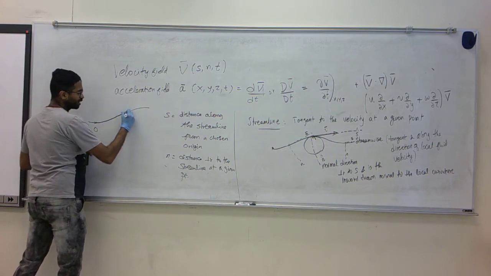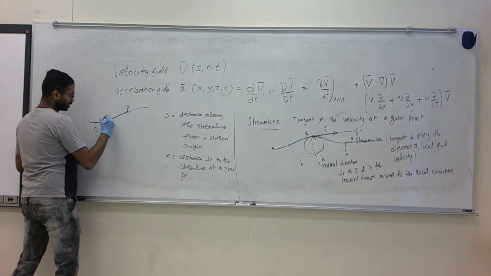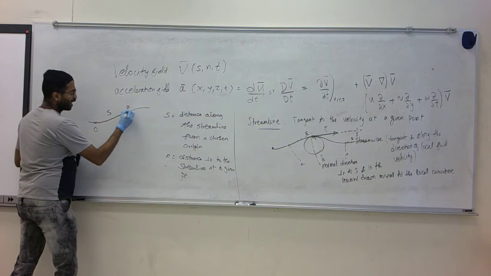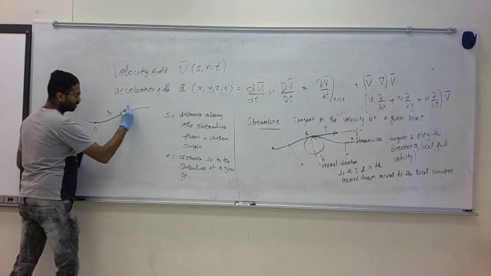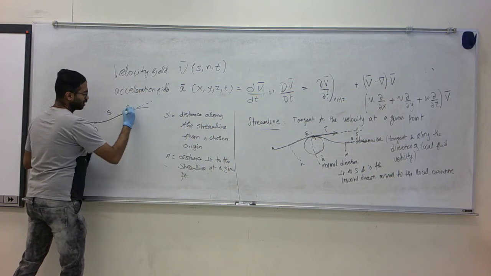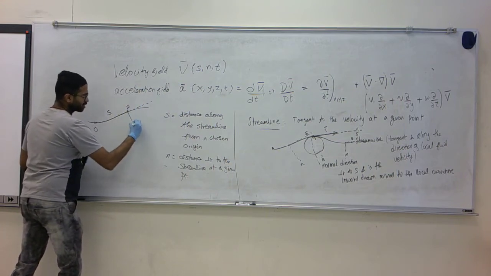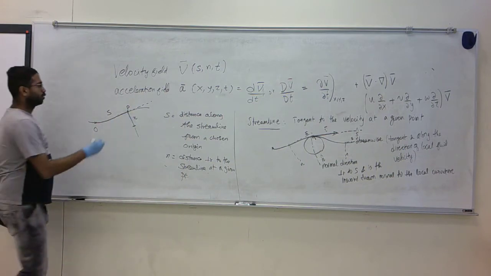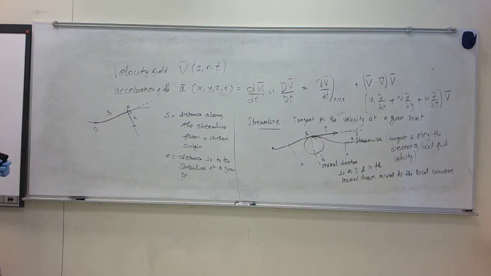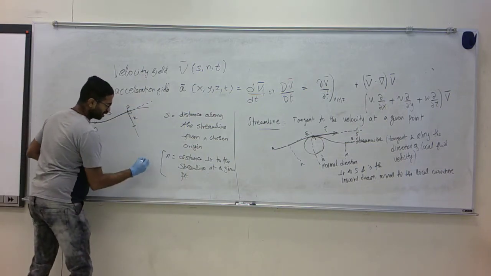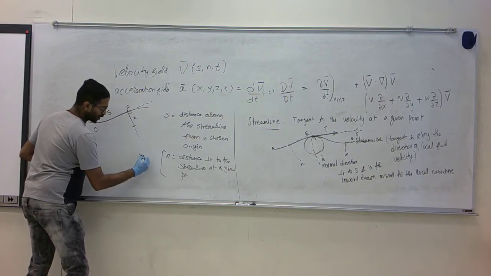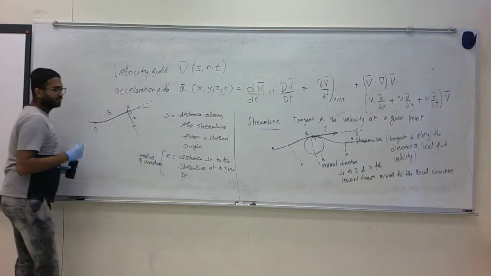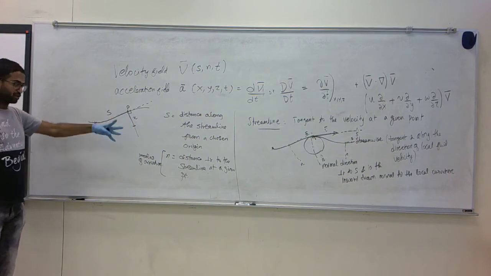So this curvilinear distance OP is the streamline coordinate S. And if I take P and go in the perpendicular direction, suppose I draw the normal here, the distance measured along the normal would be N. You will see that N has a connection to the local radius of curvature. We'll see that later.